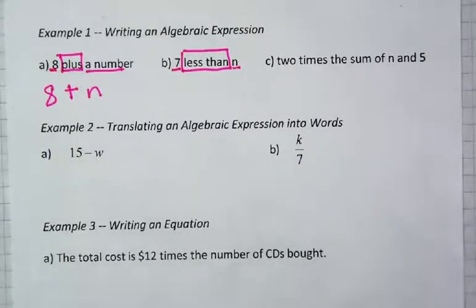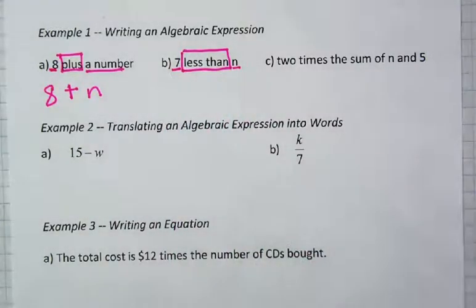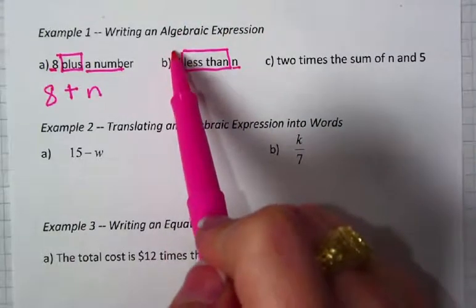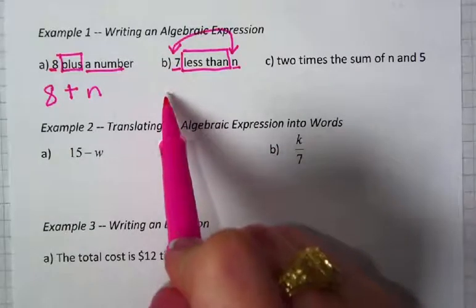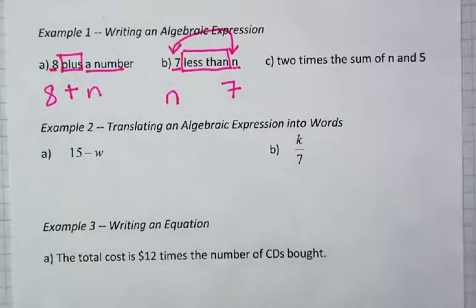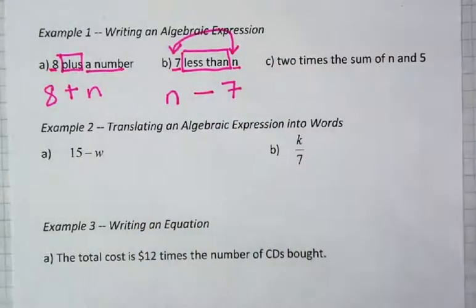What that means is, right now the 7 comes before the n, but since I'm using less than, I want to switch those two around. So I want to write the n first, and then I want to write the 7. Now less than, if you think about something being less or smaller, that's going to be subtraction. So n minus 7, not 7 minus n.